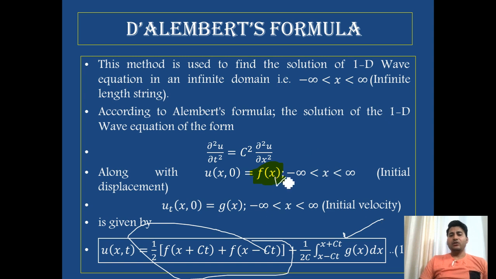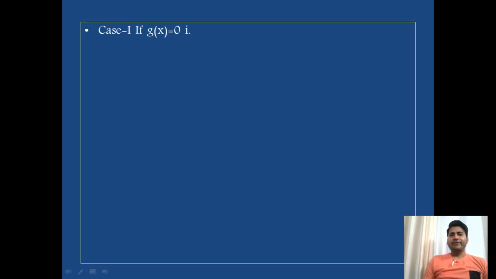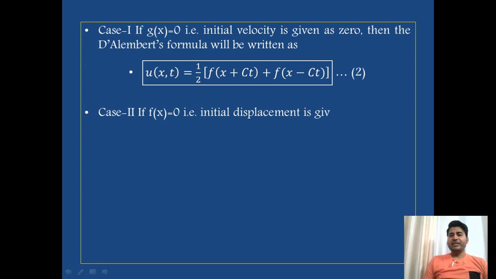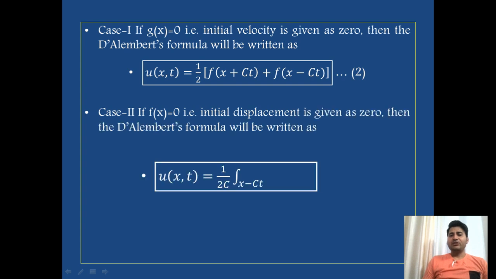If both are non-zero, then the solution is given by the full formula, and we have two cases. Case 1: if g(x) is 0, that is, the initial velocity is 0, then from equation 1 the g(x) term will be 0 and the solution is 1 upon 2 into f(x plus ct) plus f(x minus ct). At the same time, if the initial displacement f(x) is 0, then the solution will be 1 upon 2c times the integral from x minus ct to x plus ct of g(x) dx.